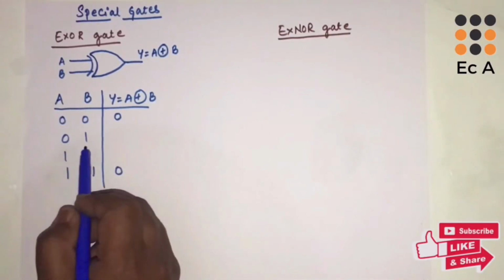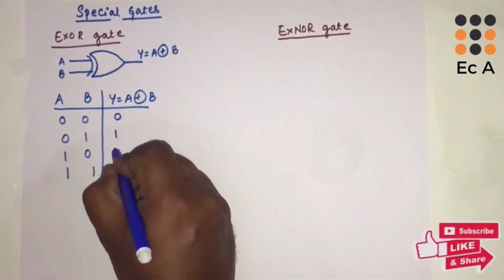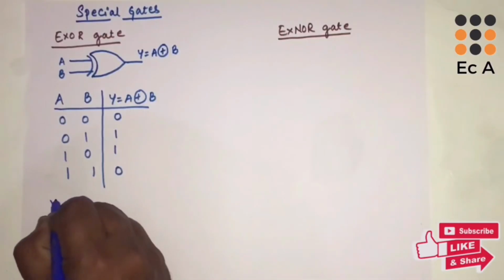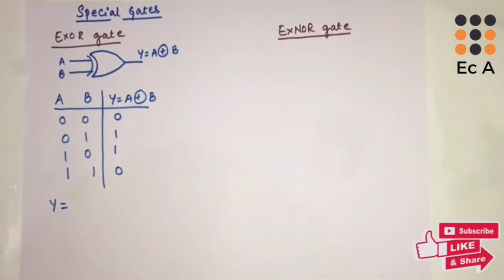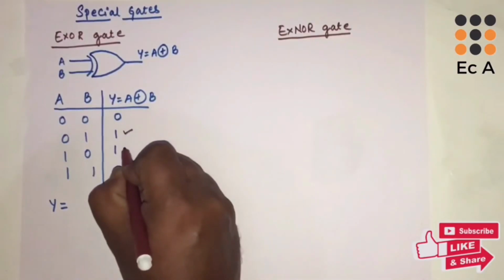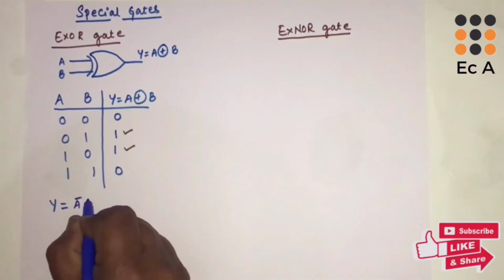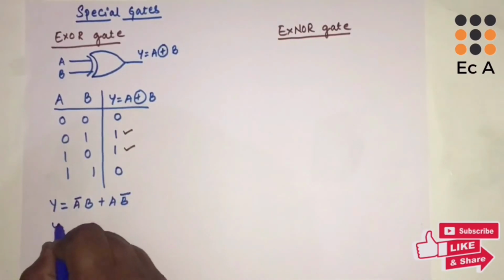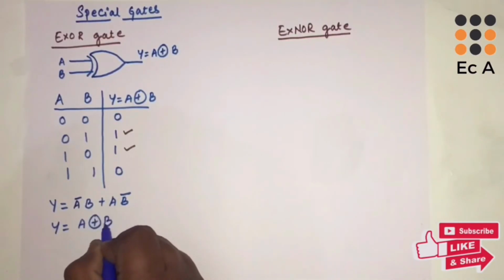If inputs are different like 0 1, 1 0, output will be 1. So from this we can write the expression as Y is equal to, we need to consider where we are getting output as 1, and we can write the expression A bar B plus A B bar. So this is written as A XOR B.